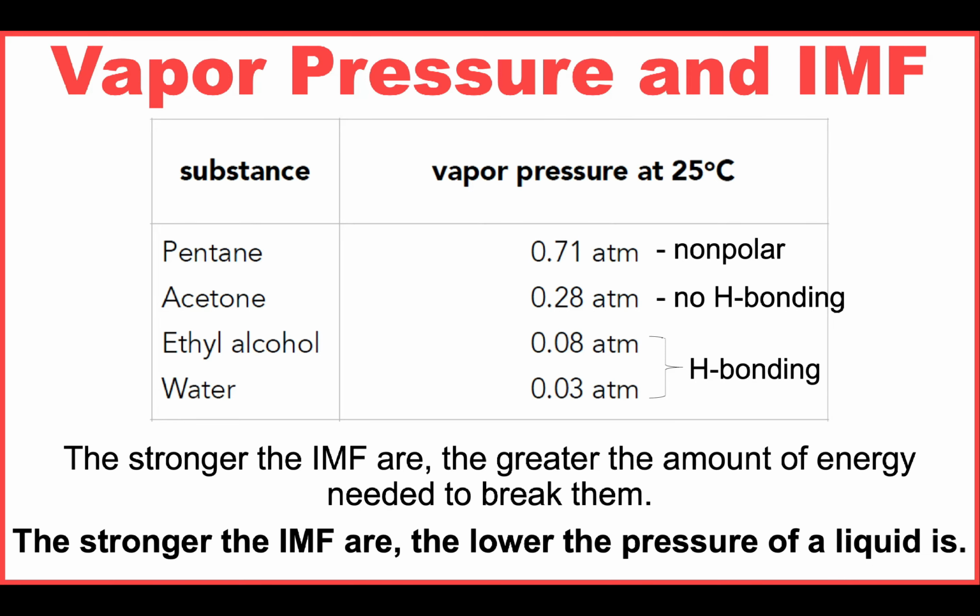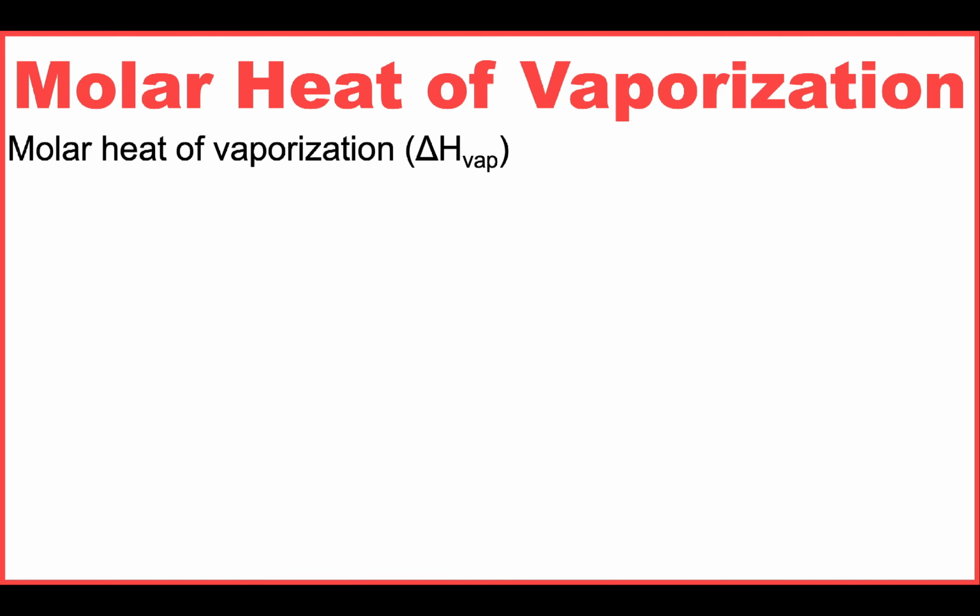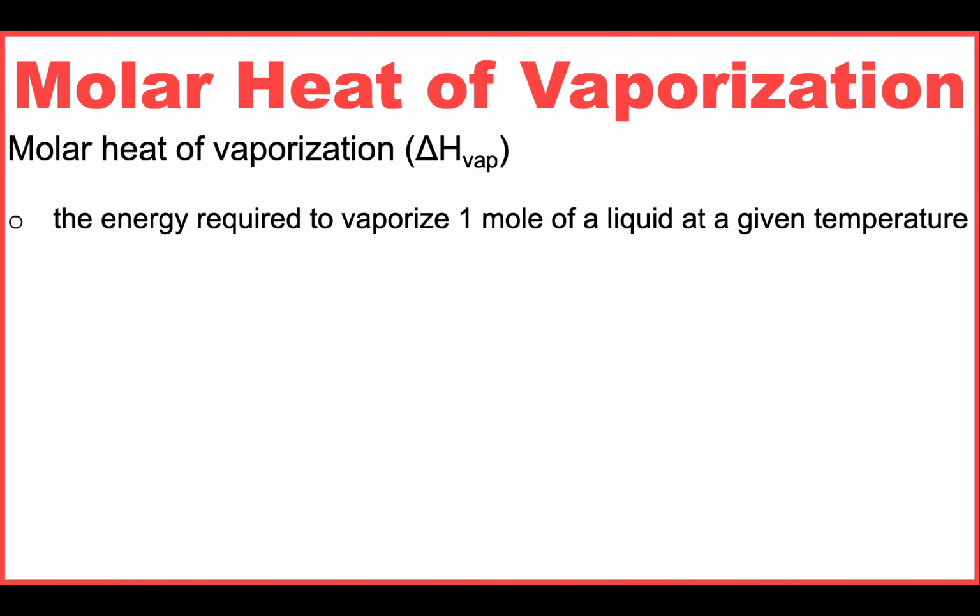Okay, so let's have first the molar heat of vaporization. The symbol for molar heat of vaporization is this one: triangle, letter H, and subscript VAP for vaporization. This is the energy required to vaporize 1 mole of a liquid at a given temperature.